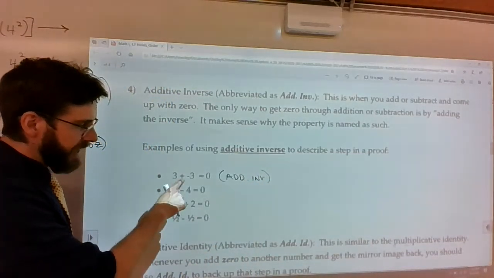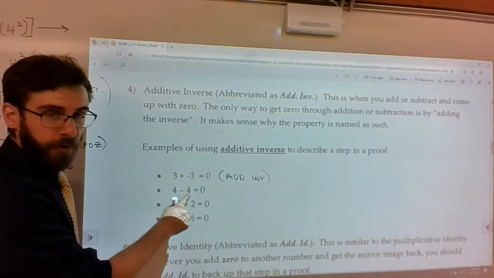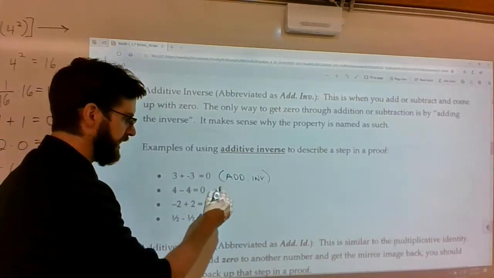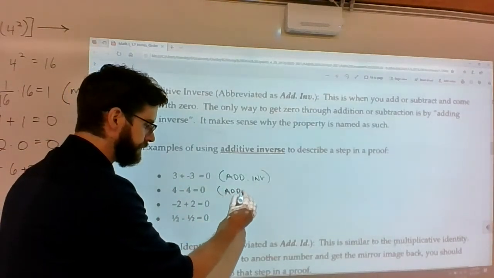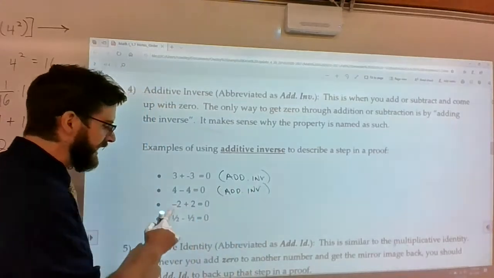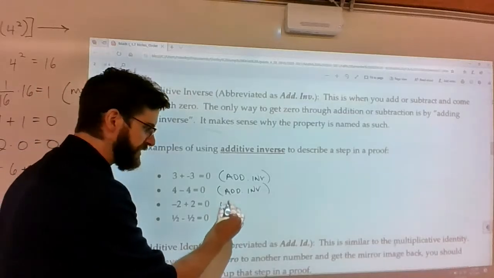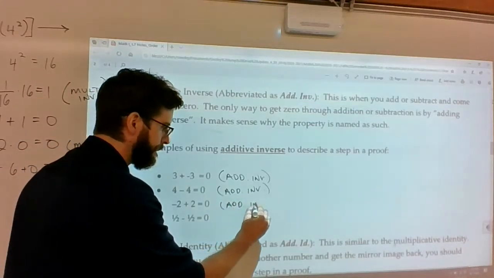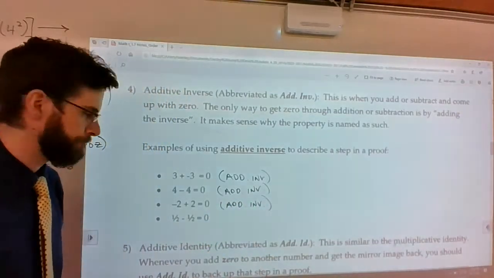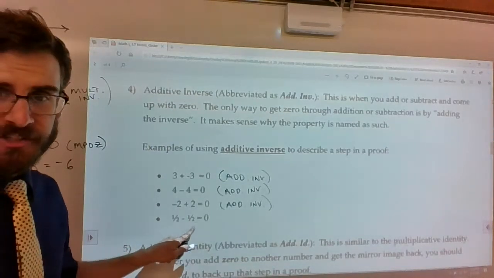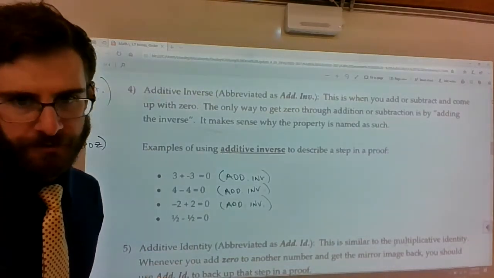It doesn't have to be plus and negative either. If you see 4 minus 4 equals 0, that's the same thing. If you see a negative plus a positive and you get 0, still additive inverse. And fractions can be additive inverses of one another too.